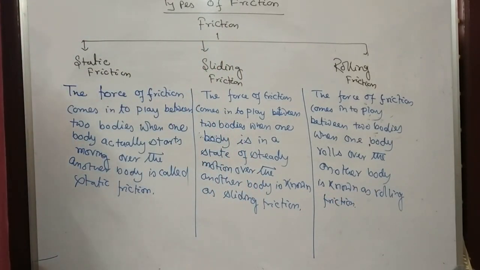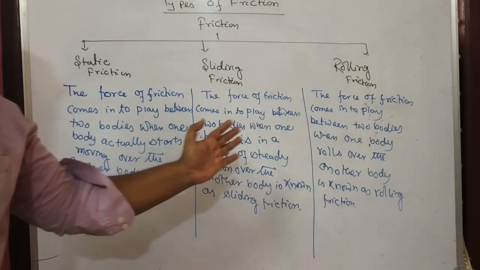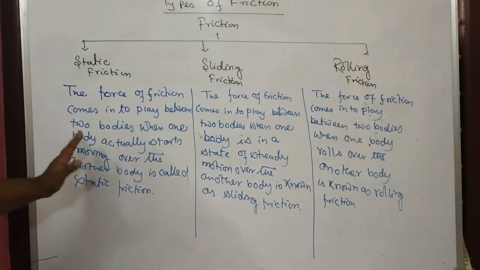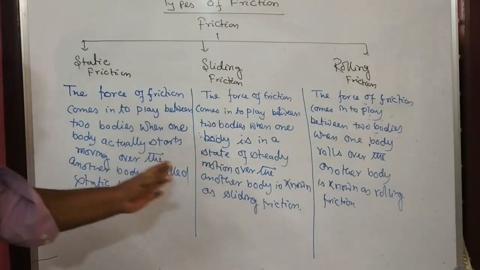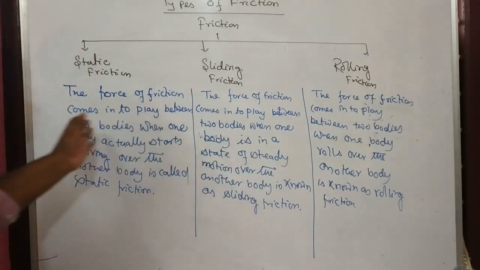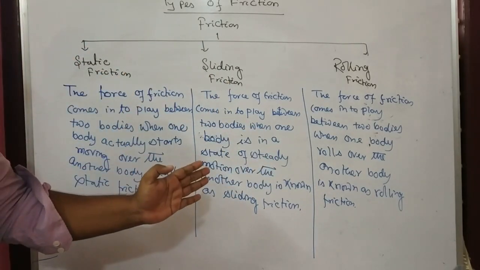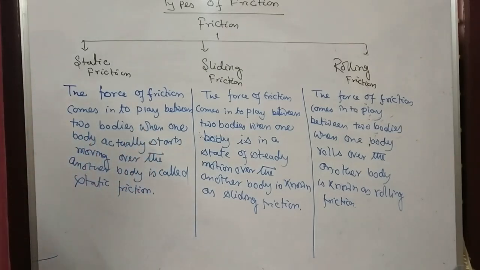Three definitions, three concepts we have to understand one by one. First you write each definition, then we'll go one by one and explain. These are the definitions of the three frictions, and now I have to explain each of them. Now I am erasing this.